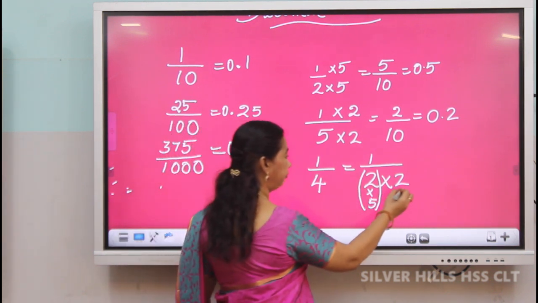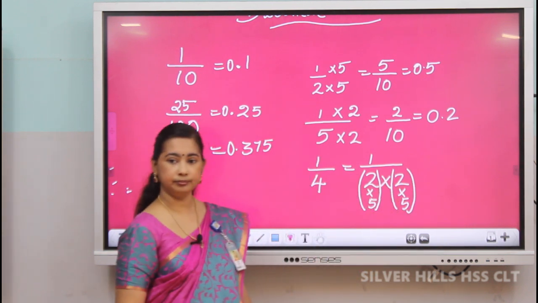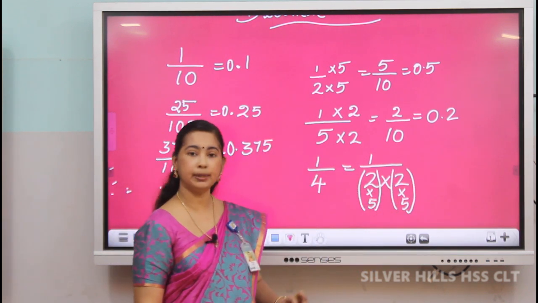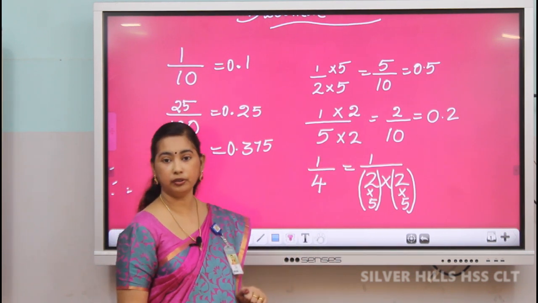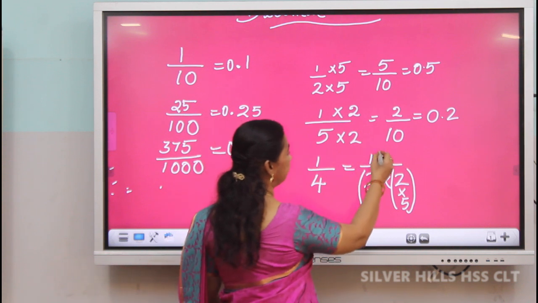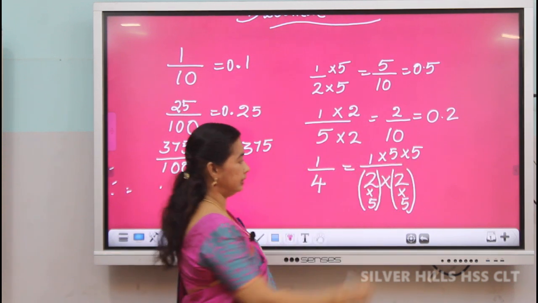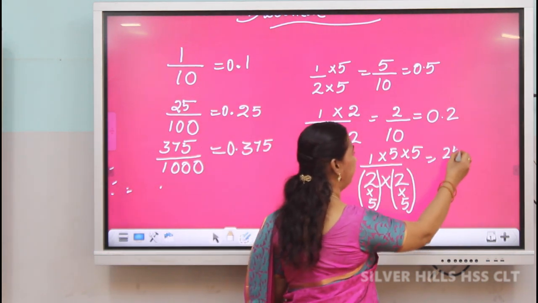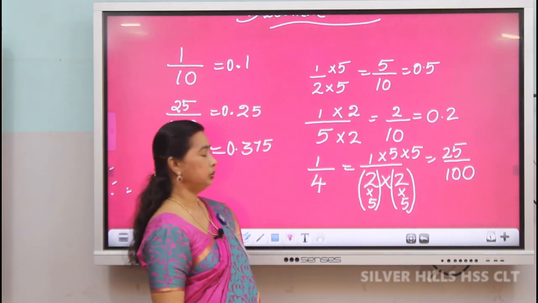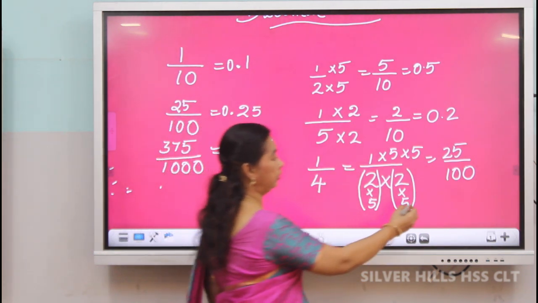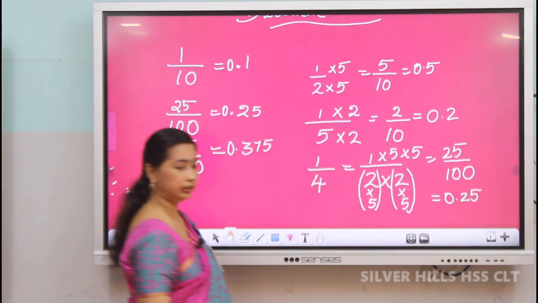Same way another 5 I have to supply for this 2, so that again it is a 10. So, 2 5s I have supplied in the denominator, same 5s I have to supply in the numerator also. So, it becomes 5 into 5, that is 25 by 100. So, 25 by 100 means it is 0.25.